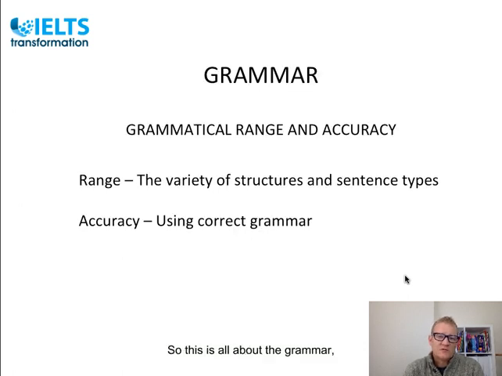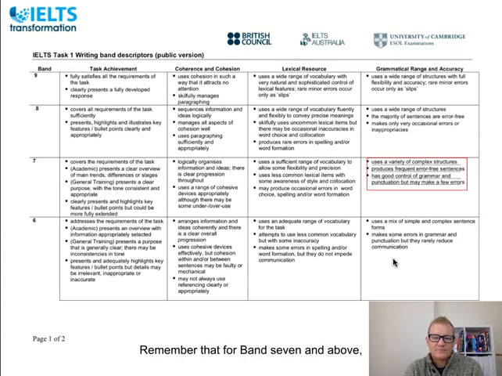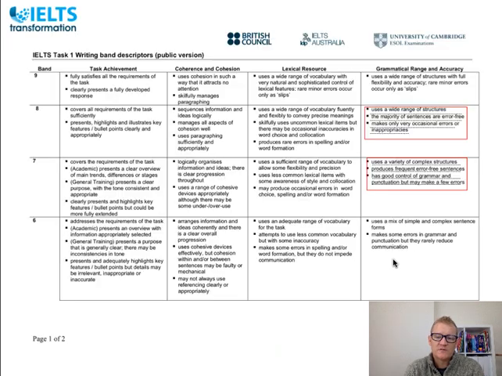So this is all about the grammar, the grammatical range and accuracy. That's what you're being assessed on. And this particular grammar point is about the range and the variety of structures that you need to use. Remember that for a band 7 and above, you need a variety of complex structures.